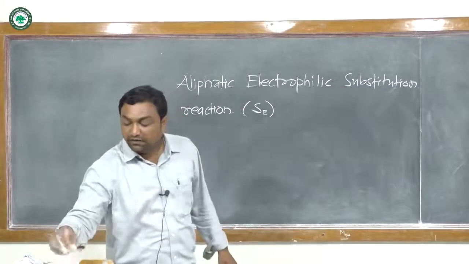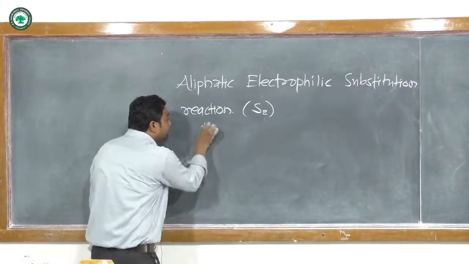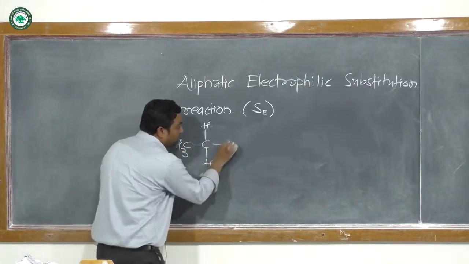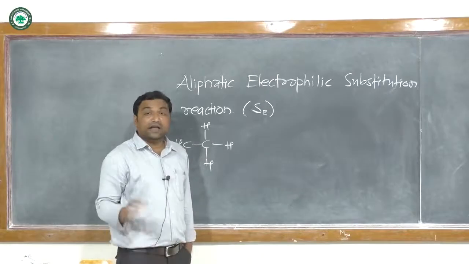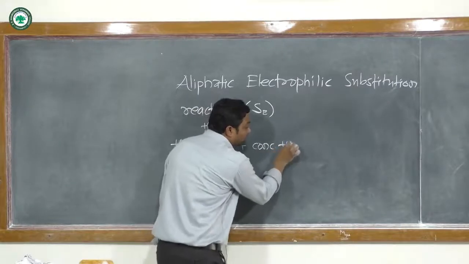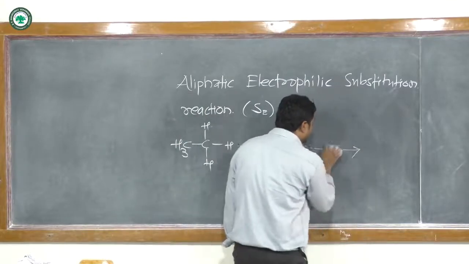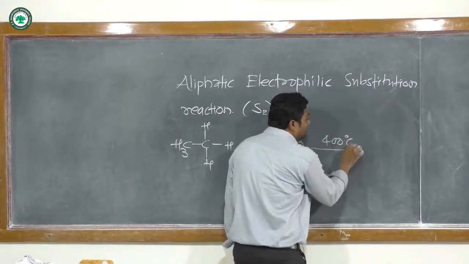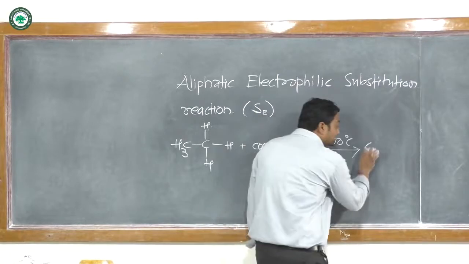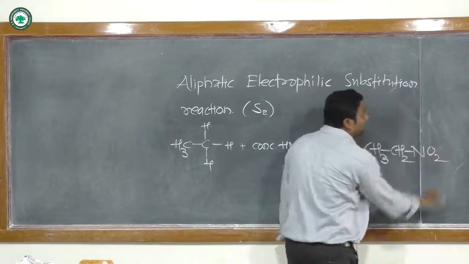Now, we know that when an ethane molecule is treated with concentrated nitric acid at 400 degrees Celsius, we will obtain nitroethane as a product.